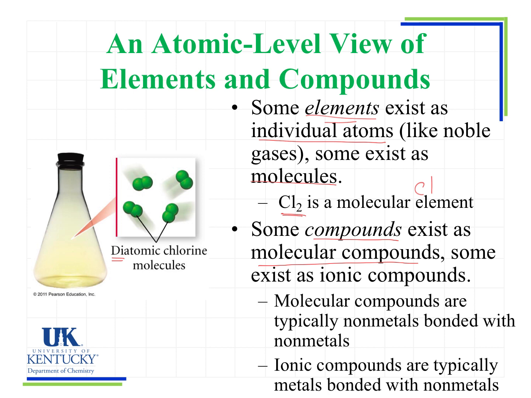That happens usually when we have two nonmetals connected together, or in some cases it could be an ionic compound. So what are these two? Again, molecular compounds are typically nonmetals bonded with nonmetals. These bond together with a covalent bond, and they form a molecule.